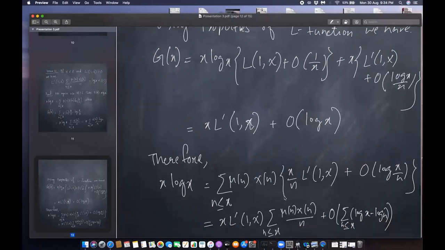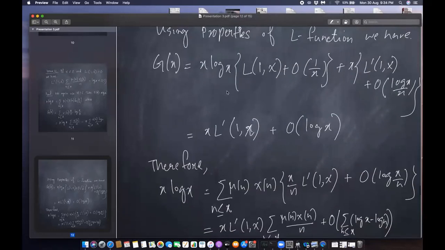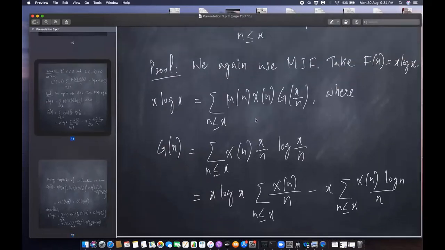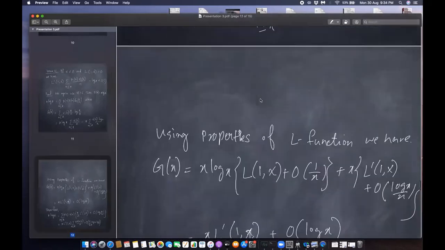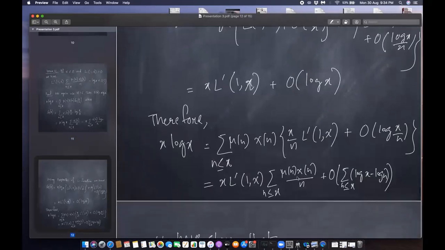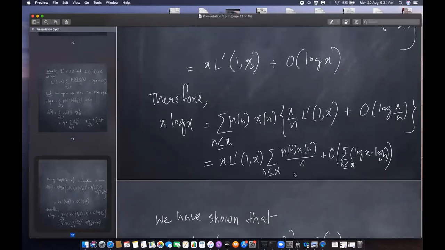So therefore, if we replace g of x here, we obtain that x log of x will be equal to this. Now simplifying this expression, we obtain this.